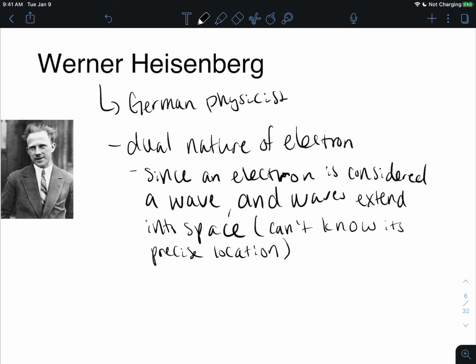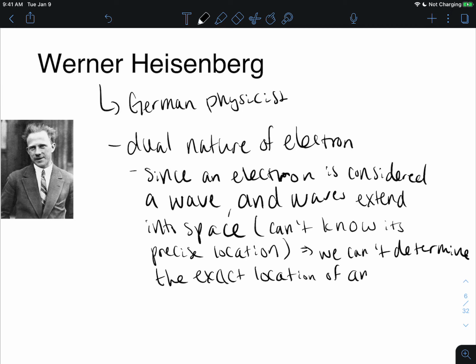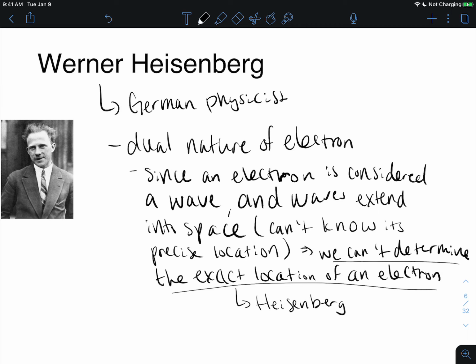Because of this, it's impossible to determine the exact location of an electron. So this idea, we can't determine the exact location of an electron, is the Heisenberg uncertainty principle.